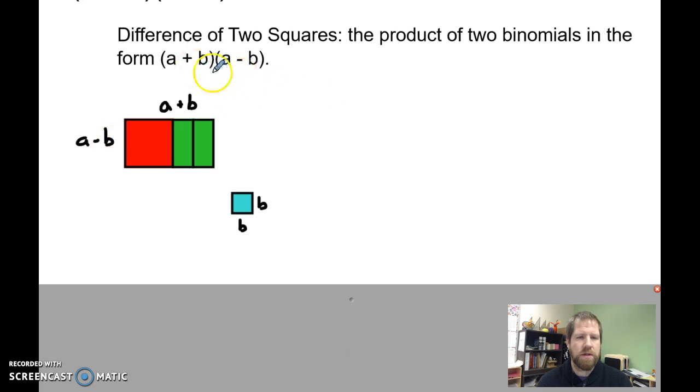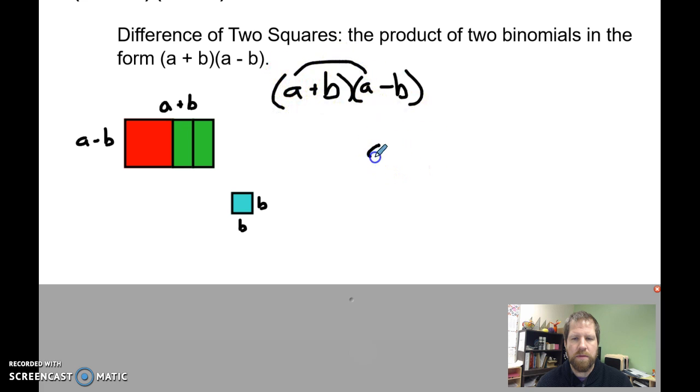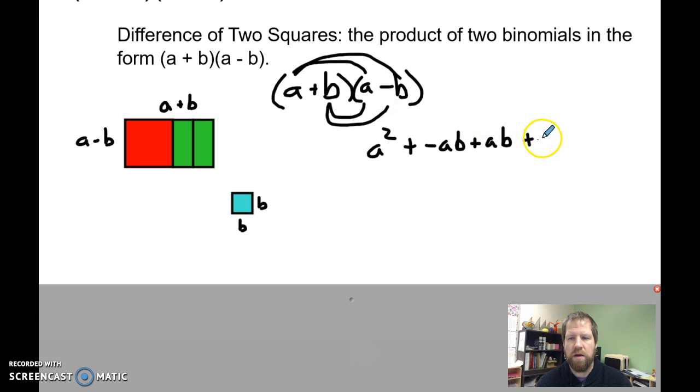If I multiply them out, a plus b times a minus b, and I FOIL them, I have a times a, a squared, and I have plus a times negative b, so it's going to be a negative ab, plus b times a, so plus a positive ab, and then I have b times negative b, or minus b squared.